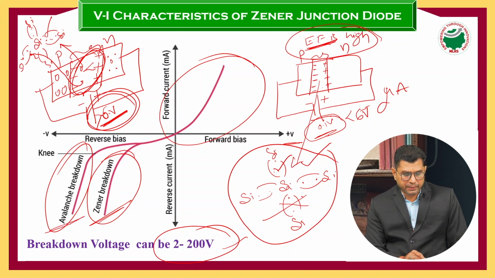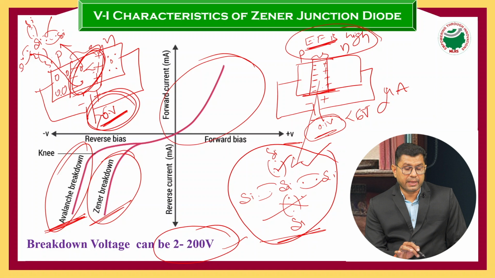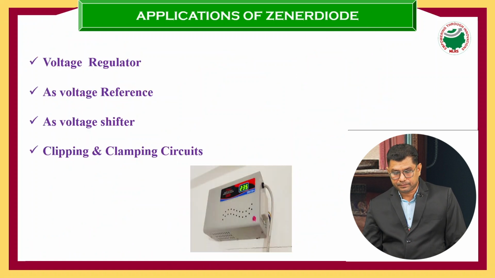But in avalanche breakdown, the breakdown takes place because of collisions. Collisions always give lots of heat. That's why whenever avalanche breakdown occurs, the diode gets permanently damaged. Whereas in a Zener diode, the breakdown can be reversed. So Zener breakdown is because of the internal electric field, and avalanche breakdown is because of collisions.